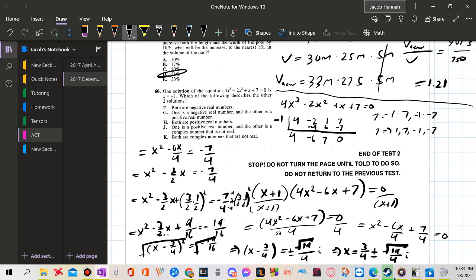So, which of the following describes the other two solutions? We know that one is -1, so the other two solutions are these. And down here, both are complex, not real. Yep, these are both complex since this has i. Now, like I said, you could do this in your calculator in 10 seconds, but this is pretty much how you would do it without a calculator.